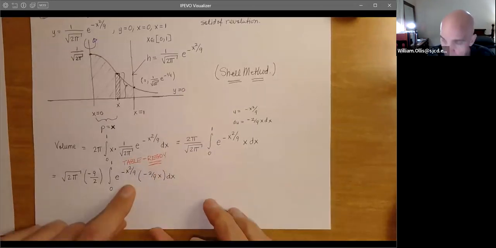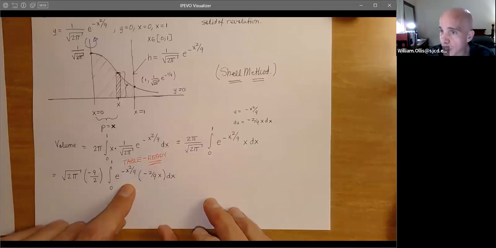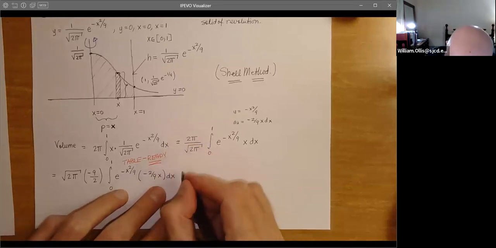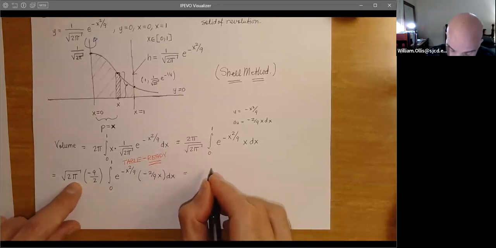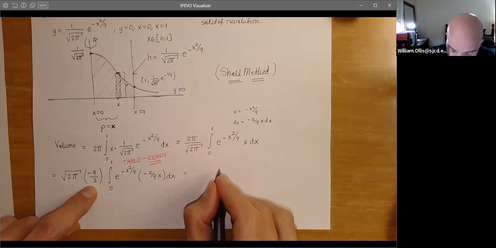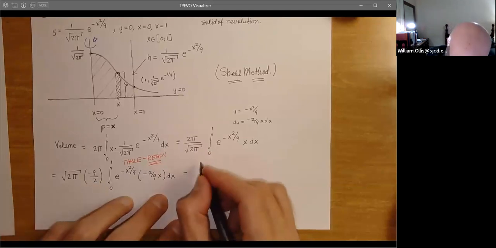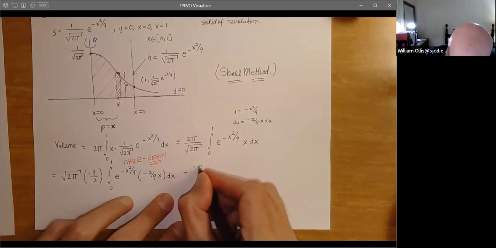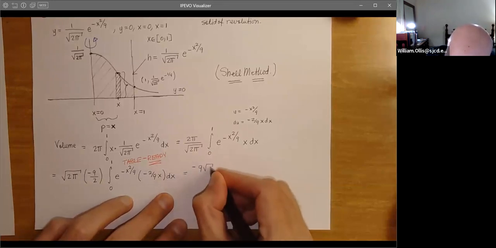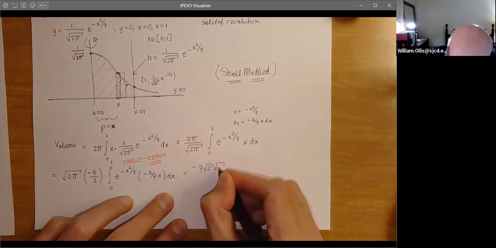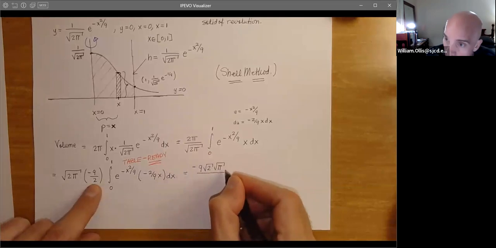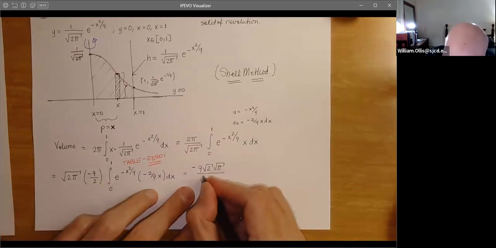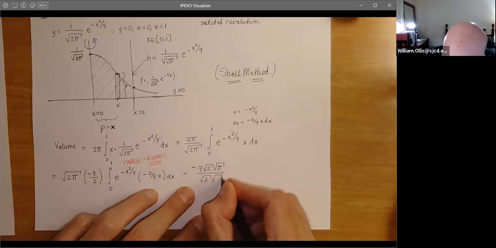So with that, the integral of e to the u du is just e to the u, our favorite integral. So now we'll get some absorption again, but I want to go ahead and rewrite this so it looks a little bit more user-friendly. So we'll have a negative 9, I'll just say square root 2, square root pi, and then the 2 here, we can just write as square root 2 times square root 2.